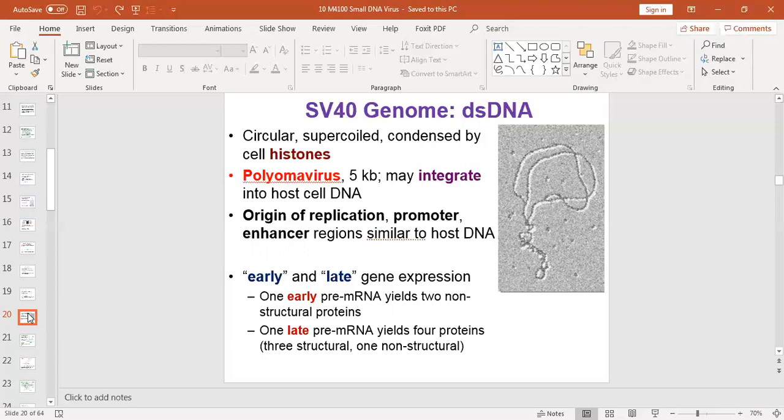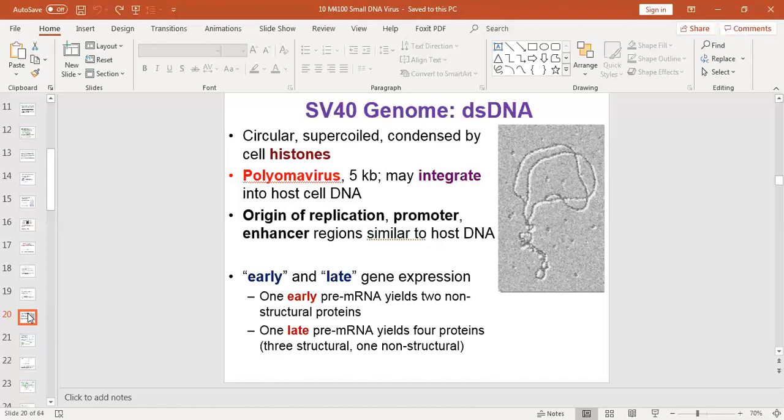There are a lot of similarities between viral DNA and host cell DNA, and these similarities are the presence of ORI, or origin of replication, on the viral genome, and the presence of promoter and enhancer.